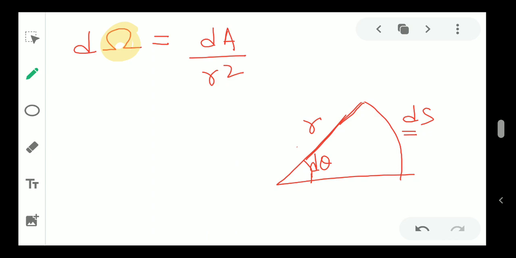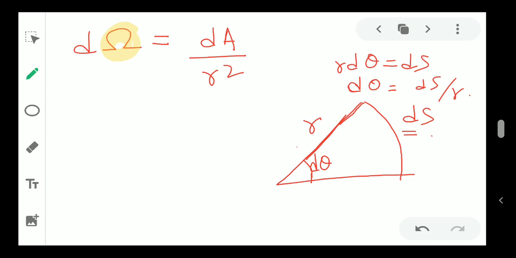So ds means a small portion of this length, and d theta means one small angle. In this case r d theta is ds, so my d theta will be ds by r.